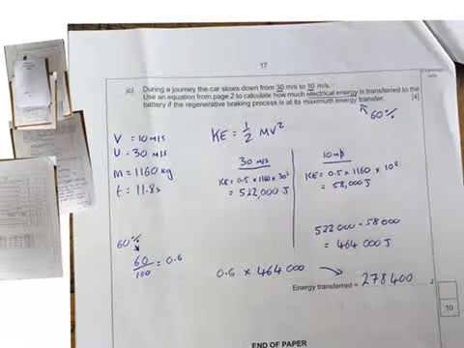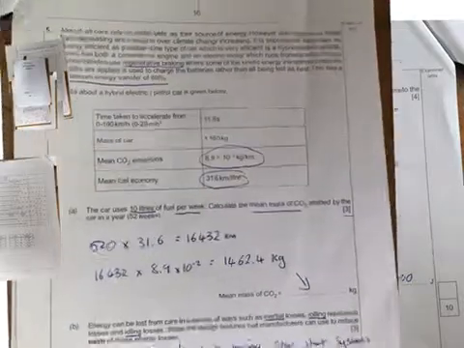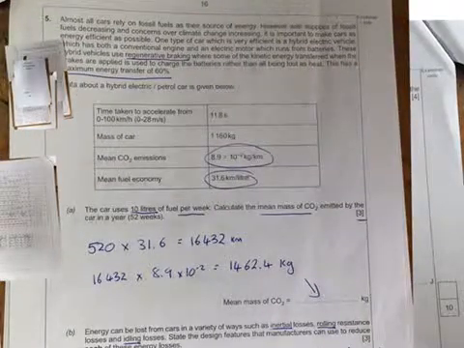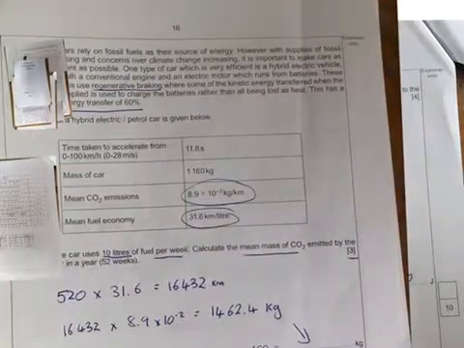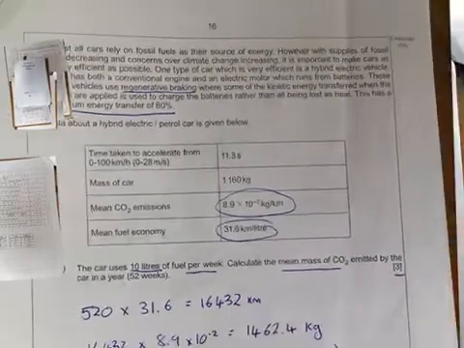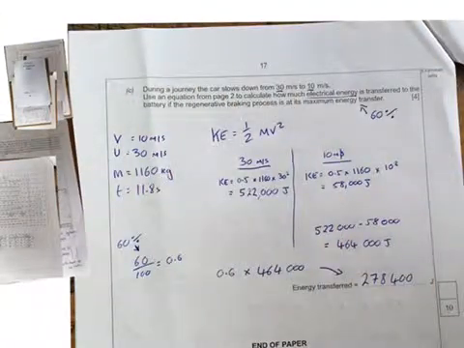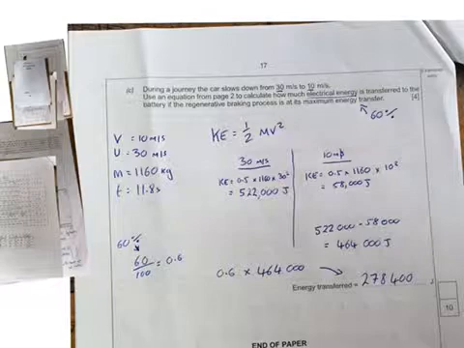V is my final velocity, because it's slowing down from 30, which is your initial. Your mass is 1160. I got it from the table there. And the time it takes is 1.8 seconds. Not that I need to know all this, because I'm using this equation.